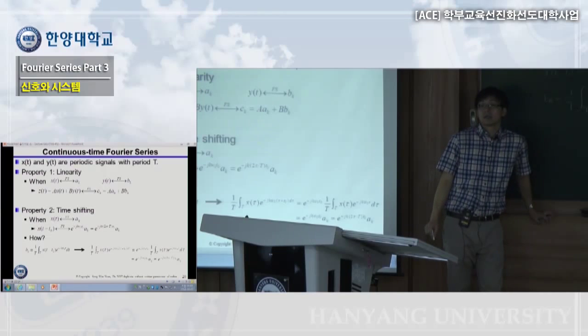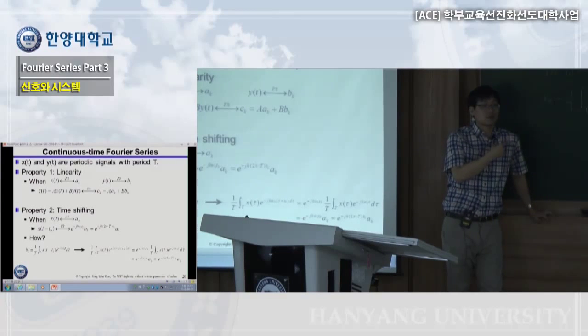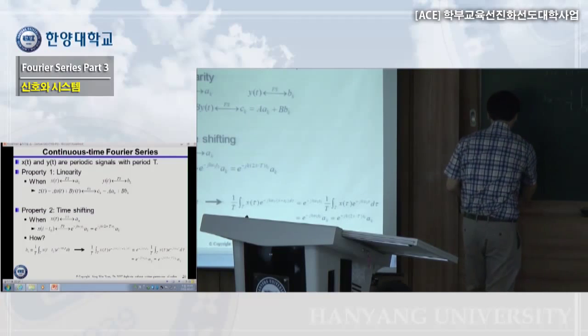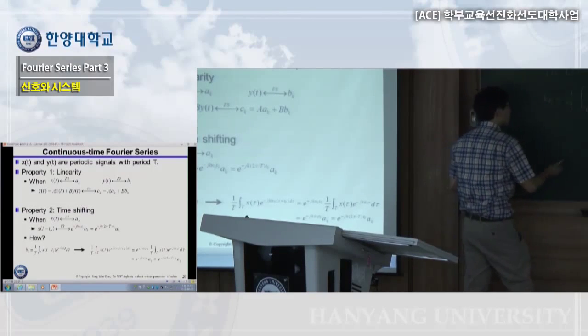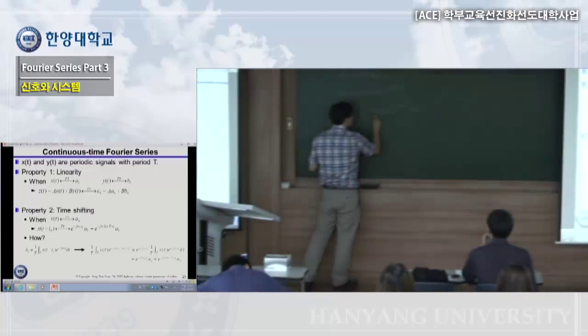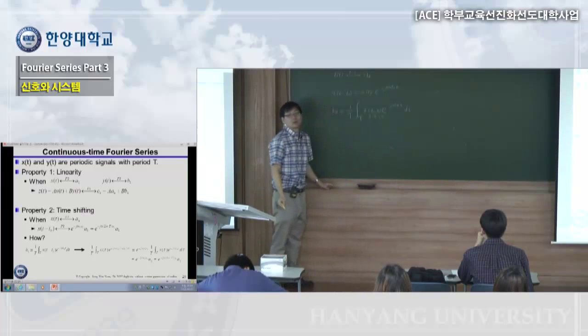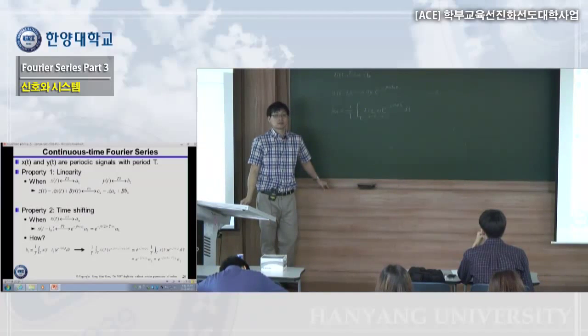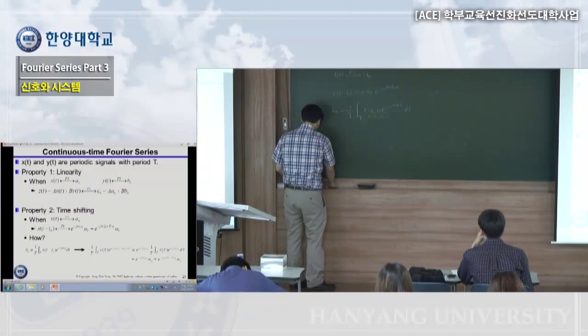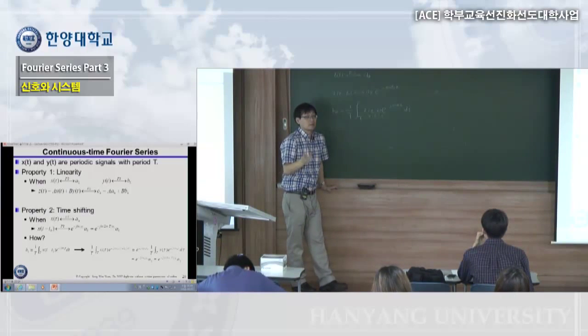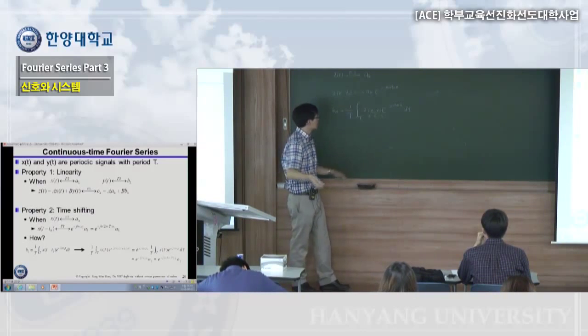That's the definition of the Fourier series coefficient, so we try to find it. Now we assume t minus t0 is tau, one more definition on it. And the period will not be changed. The period of t and the period of tau will not change, over one period.